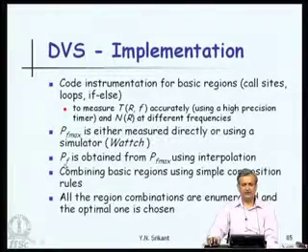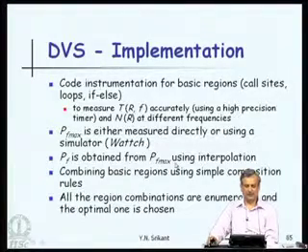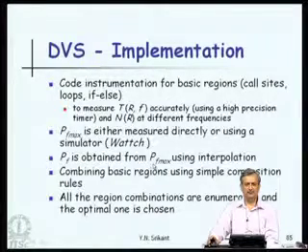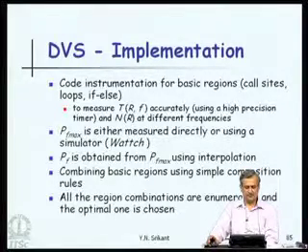Power consumed at various frequencies, to simplify the matter, is obtained through interpolation using P of f_max. So, change in frequency is assumed to be proportional to change in power. So, we are going to use that equation in order to interpolate and find the power consumption at various frequencies.